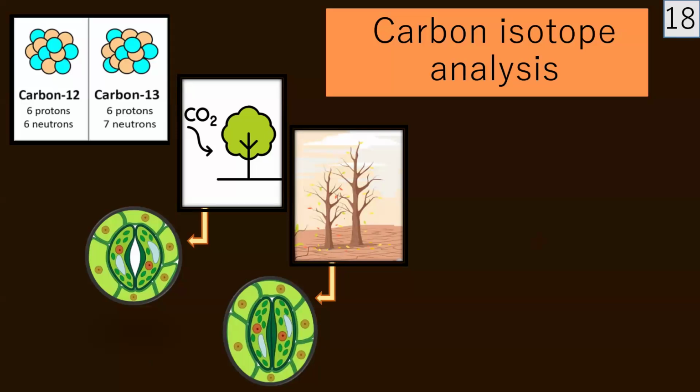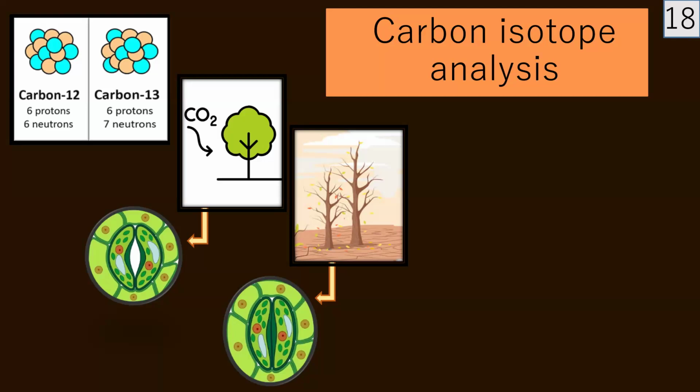So the plant has to utilize all the stored carbon in it. First the plant uses up all the carbon-12, and once it is used up, it starts using carbon-13. So when you look at the tree ring isotope ratio of a drought-stressed plant, you can see that its carbon-13 ratio is higher compared to a plant growing in a normal condition.